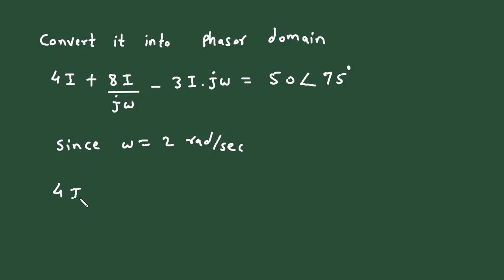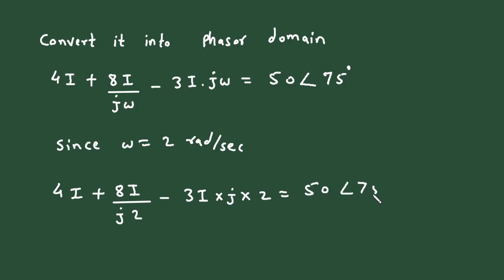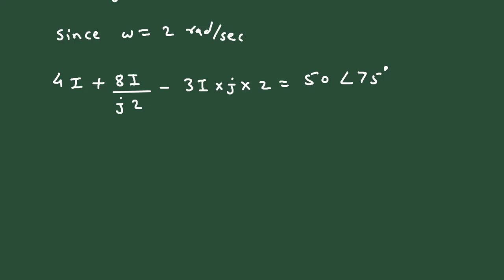It will be 4I plus 8I divided by j into 2 minus 3I multiplied with j multiplied with 2, it is equal to 50 at an angle 75 degrees.